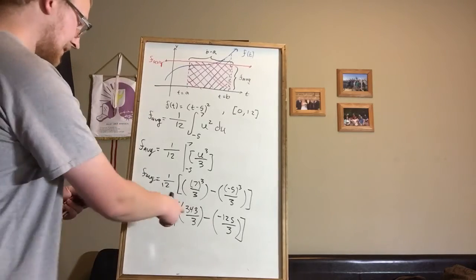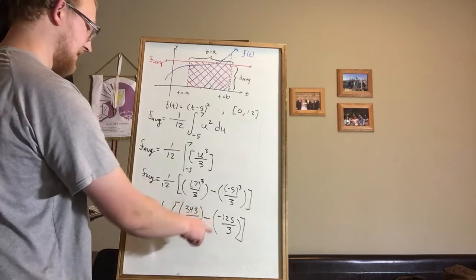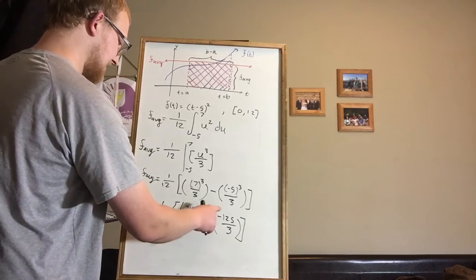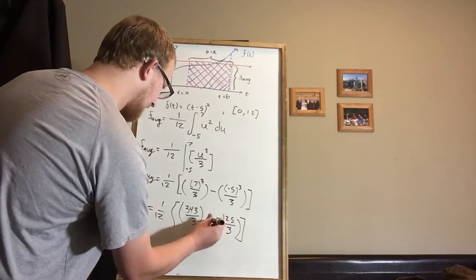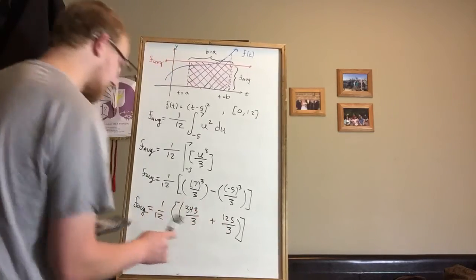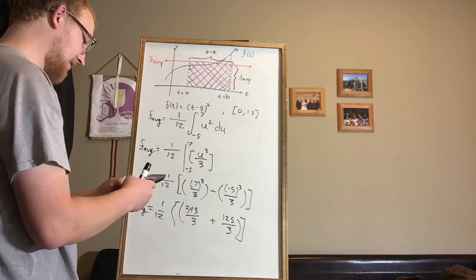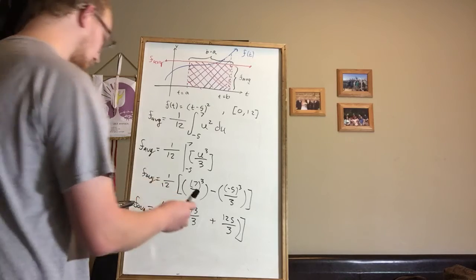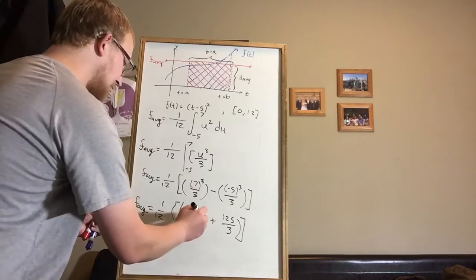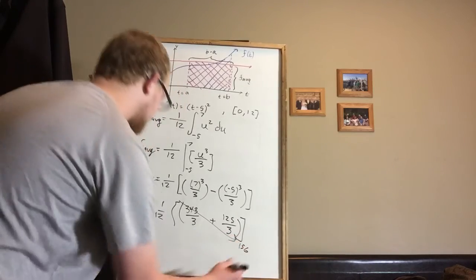Alright, so common denominators, so let's distribute this minus sign into here. A minus times a minus is a plus. So we're now adding these together. And they have the same common denominator, so 343 plus 125 is 468. Divided by 3 is 156. So this whole term is equal to 156.